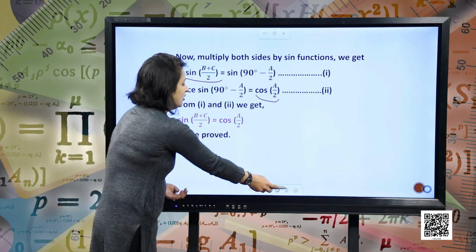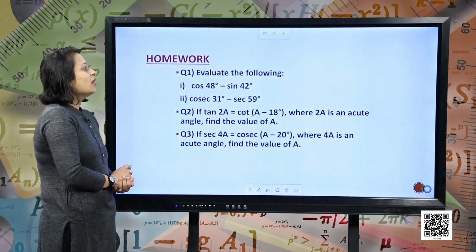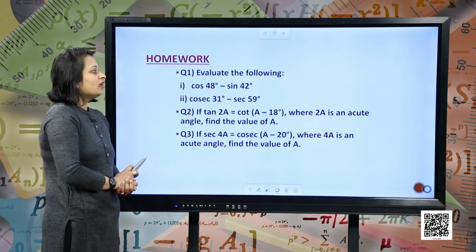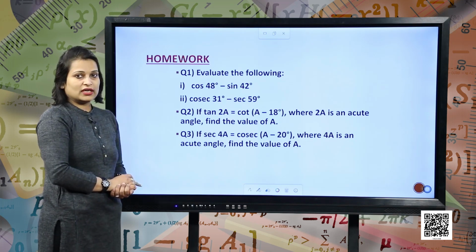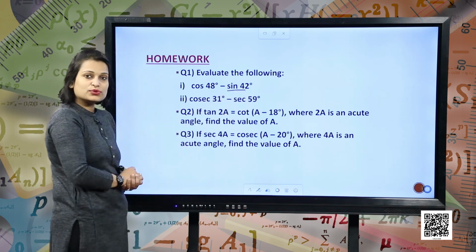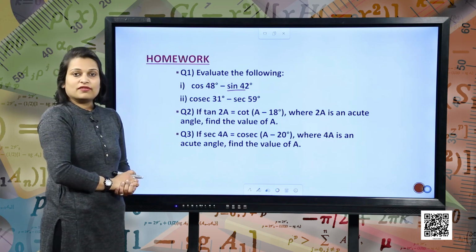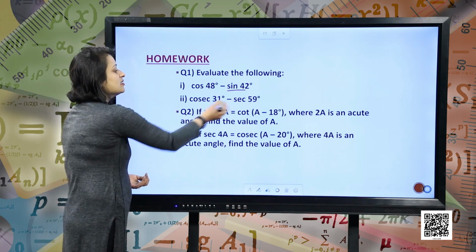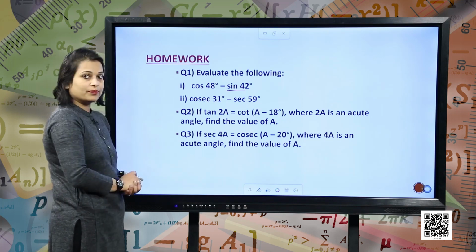Now, this is your home assignment. Question number 1. Evaluate the following. Cos of 48 degree minus sine of 42 degree. Part 2. Cosecant of 31 degree minus secant of 59 degree. Now question number 2.